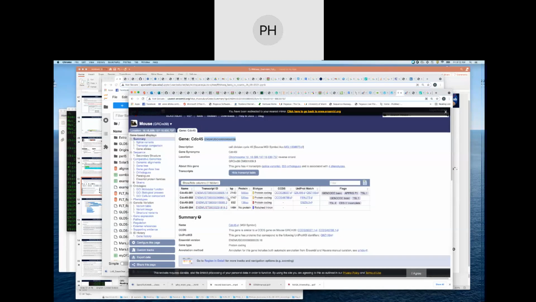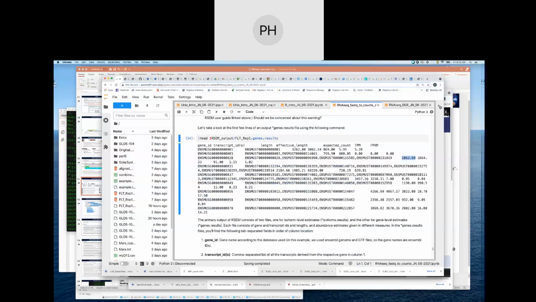They give you a breakdown of the length in base pairs. So if you don't want to do those calculations from the GTF file to find out how long each transcript is, for most of these you can Google the Ensembl ID, and Ensembl will have a breakdown of how long each transcript is. So I kind of cheated there and grabbed that from there.